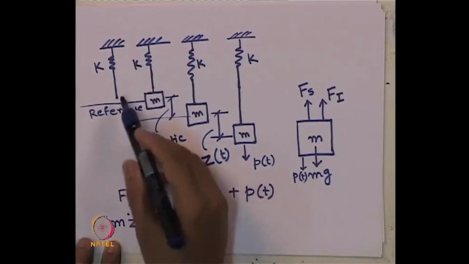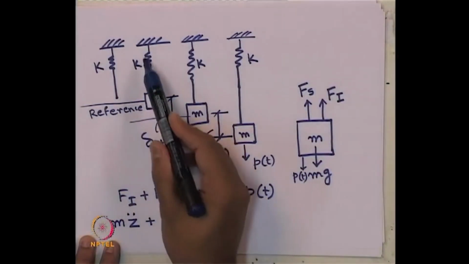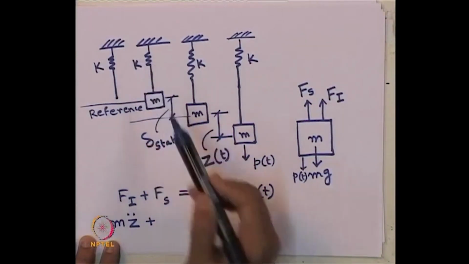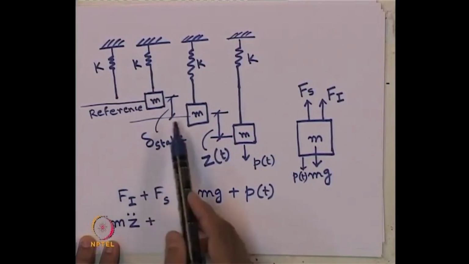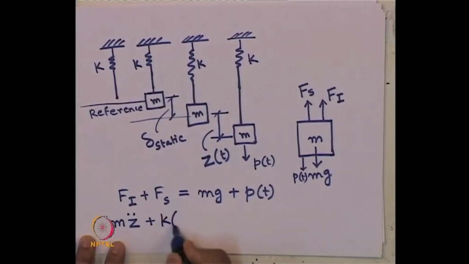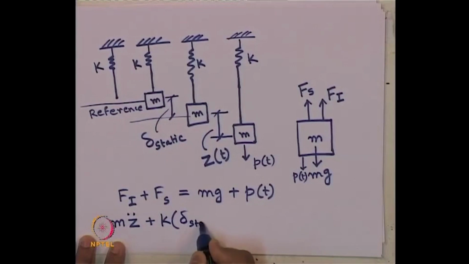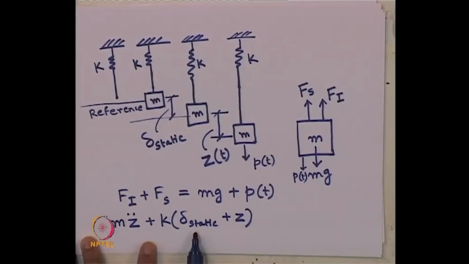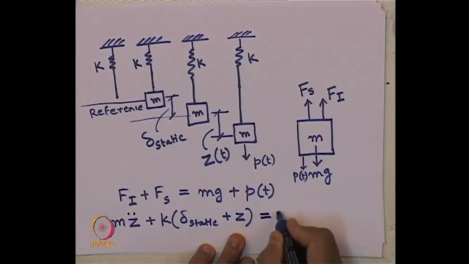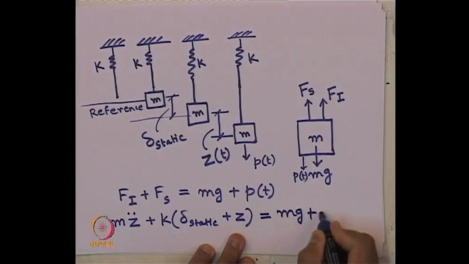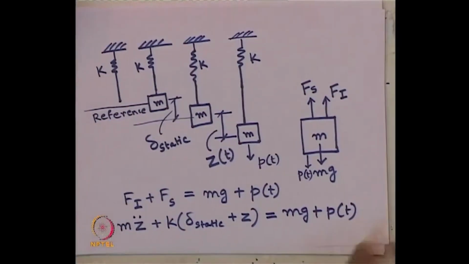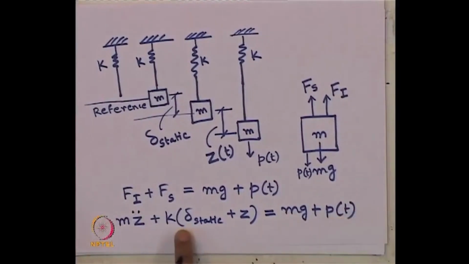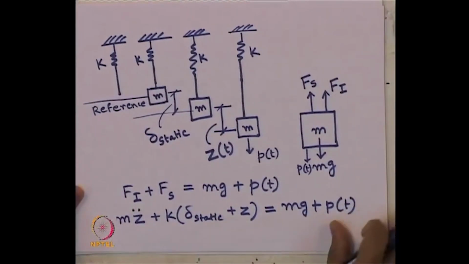Spring force, considering a linear spring, is the spring constant times the total displacement from its basic reference point, which is delta static plus z of t. So, static displacement plus dynamic displacement, equals mg plus P of t. Note that we have not considered the damper. If we had, the damper force would also have been added here.